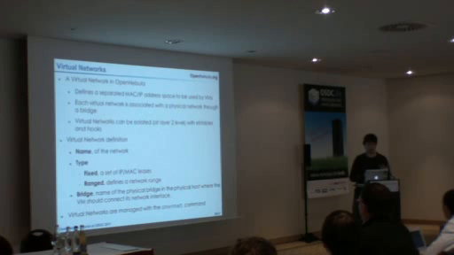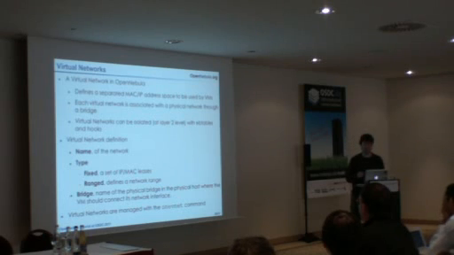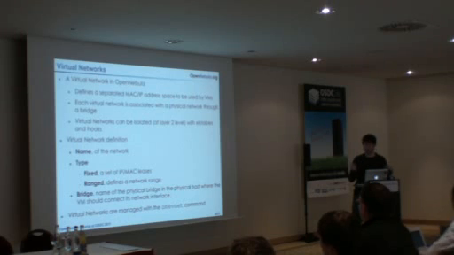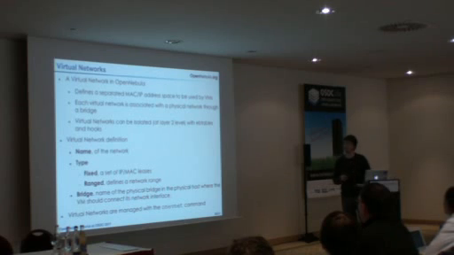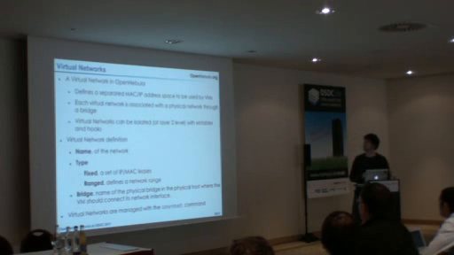So if you have two virtual machines running in different hosts attached to the same network interface that is supposed to be shared using a switch or something, they will be able to talk with each other. You can define also network interfaces that can be public, so the virtual machine can see the internet.